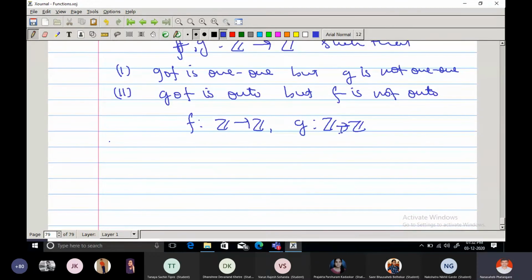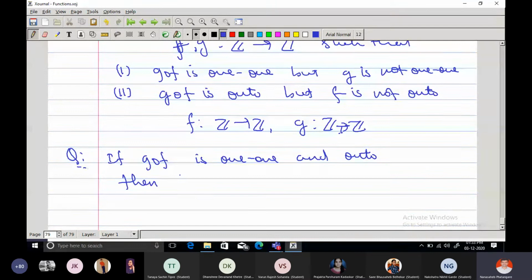Now the question I would like to ask: if g composite f is 1-1 and onto, then what happens?